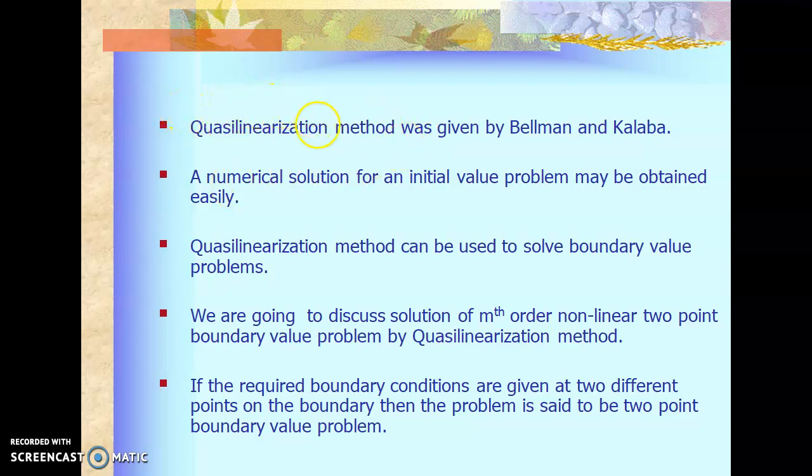We use it to solve boundary value problems, and here we will consider how to solve nth order nonlinear two-point boundary value problems. Two-point boundary value problems means that the required boundary conditions are given at two different points.